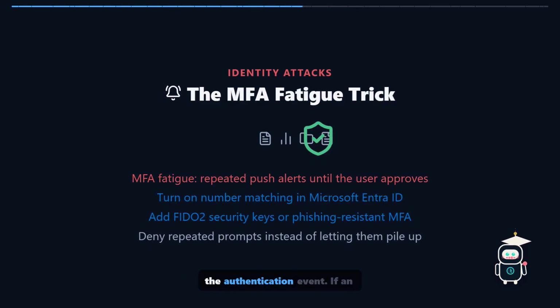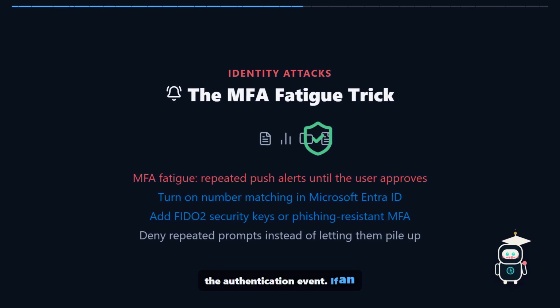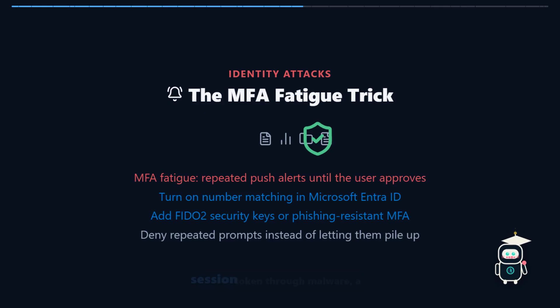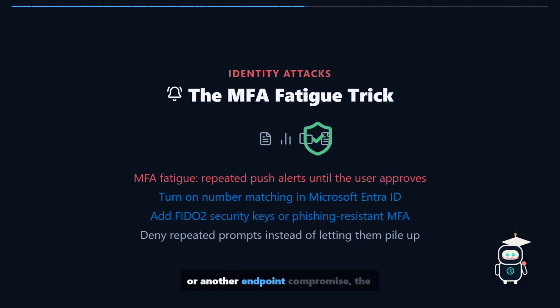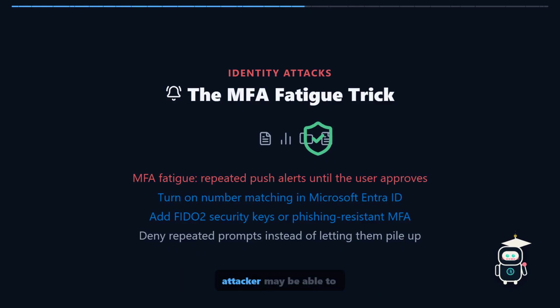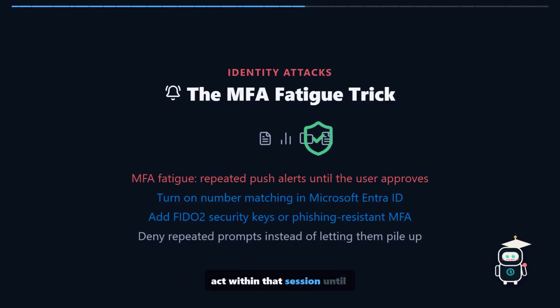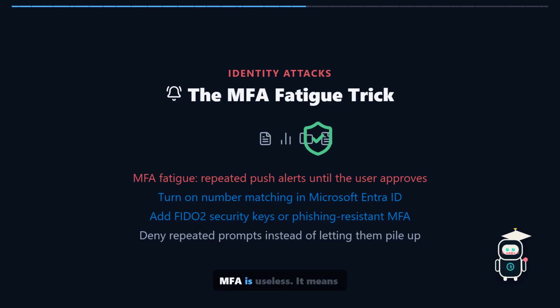Now the important limitation. MFA protects the authentication event. If an attacker steals an already valid session token through malware, a compromised browser, a malicious proxy, or another endpoint compromise, the attacker may be able to act within that session until additional controls detect or stop it. That does not mean MFA is useless.